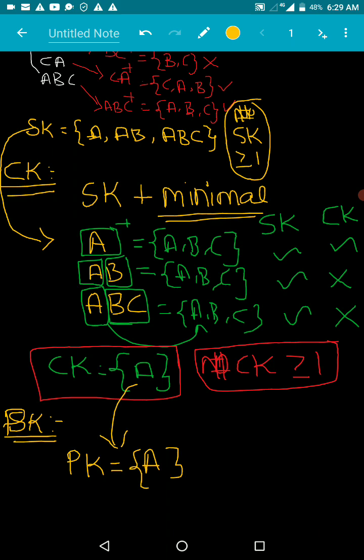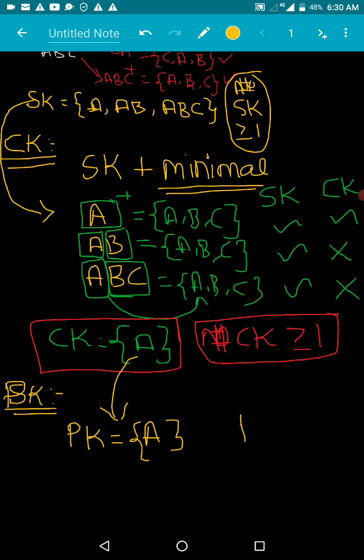In most cases, the number of candidate keys is greater than or equal to 1, and one of the candidate keys is picked as the primary key by the database designer. It is the database designer's choice. In this case, we have only one candidate key, therefore we directly pick A as the primary key.